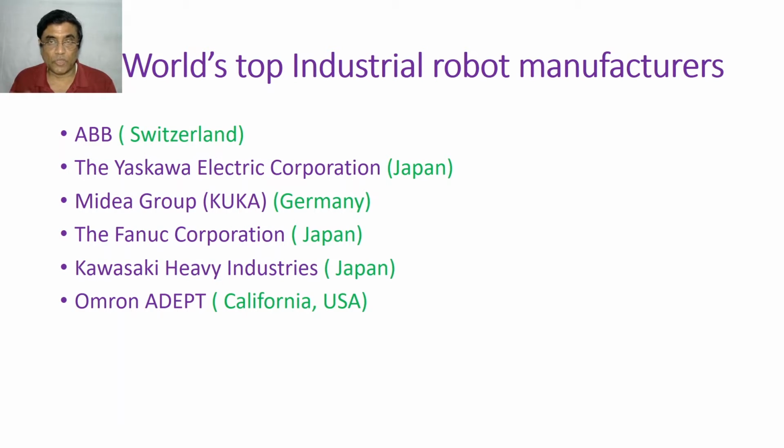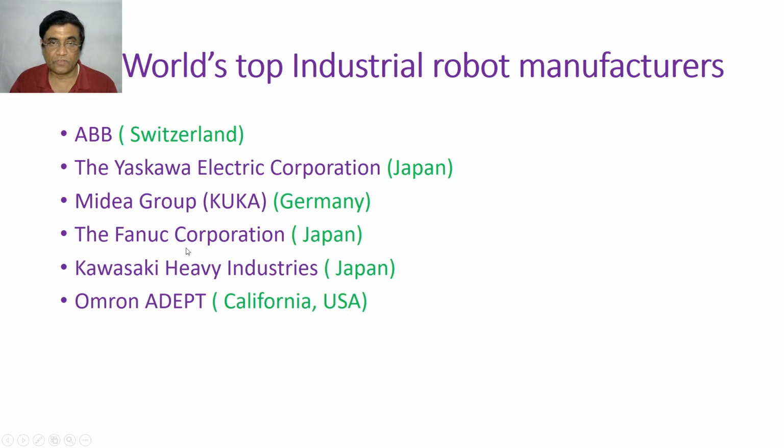And in the world, some of the top industrial robot manufacturers: you see ABB in Switzerland, and then Yaskawa Electric Corporation, which is in Japan. Motoman robot is a benchmark robot of Yaskawa. Then Midea Group, a German-based company, is producing again a very famous, popular robot, KUKA.